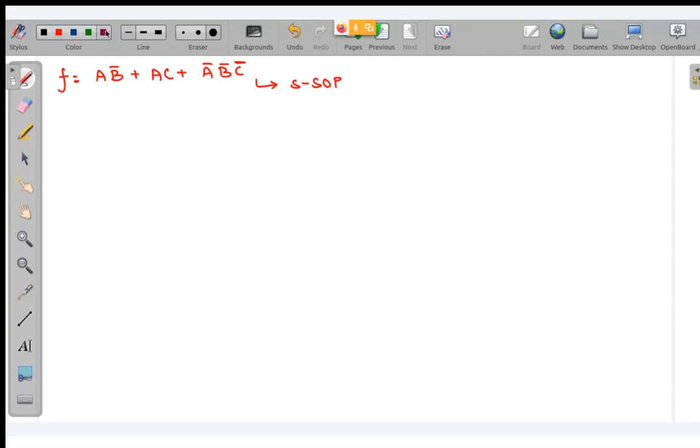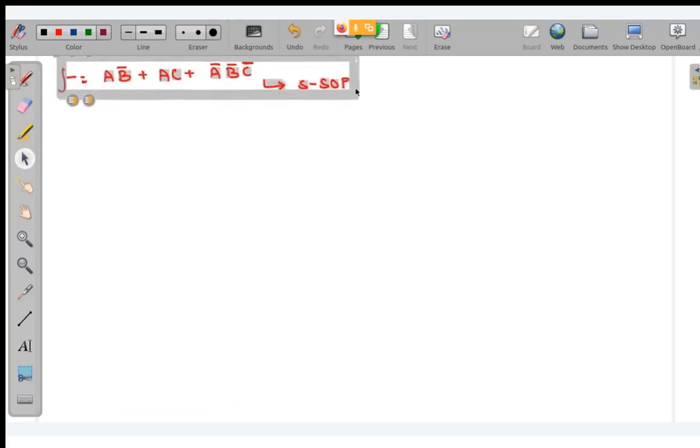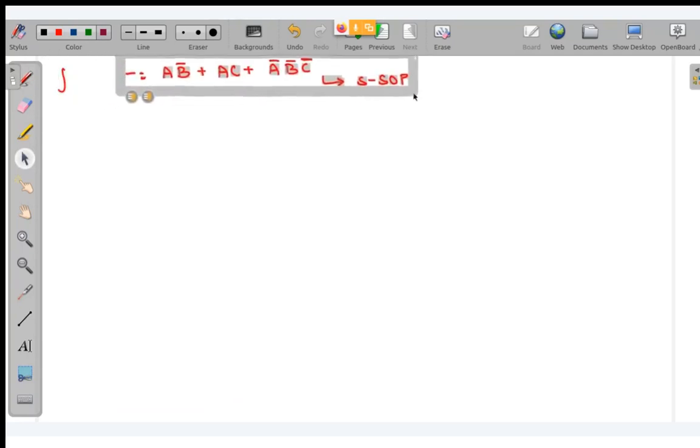So look, this is basically a 3 variable function. I should have written it like this, I'm very sorry. Okay, 3 variable.